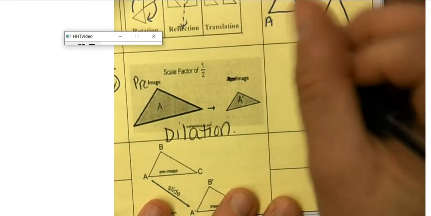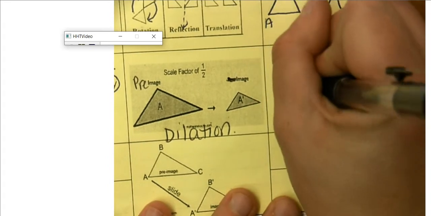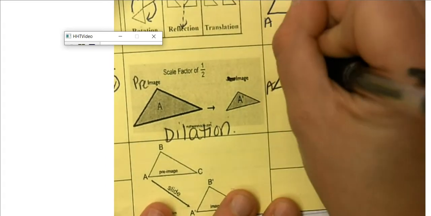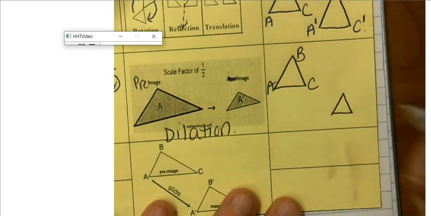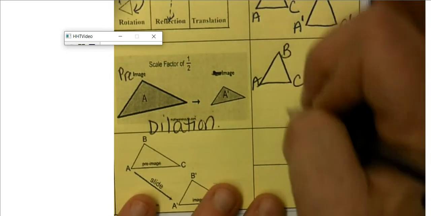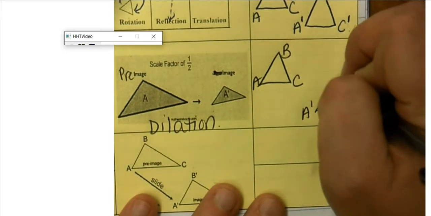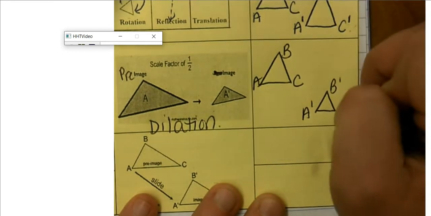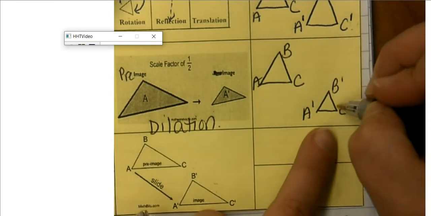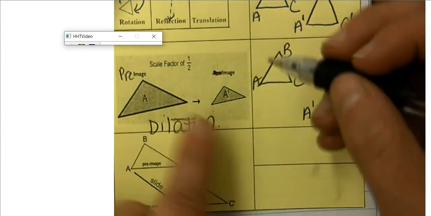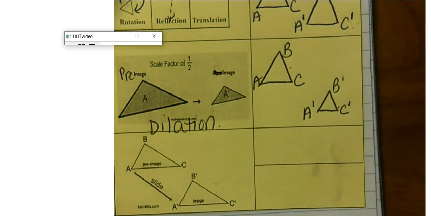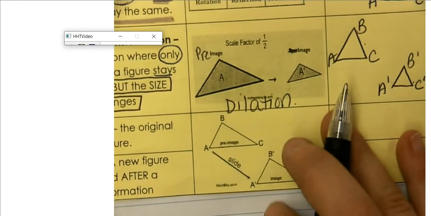Like if we were to talk about triangle ABC and talk about it changing, the shape stays the same, but the size changes, you would still label the same exact way. But the difference is that this is going to be a lot smaller than this one, or maybe vice versa, it got a lot bigger. We call those reductions and enlargements. Once again, we're going to learn about that a little bit later in this unit.